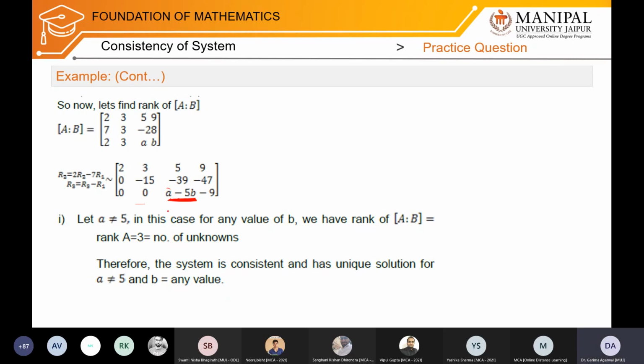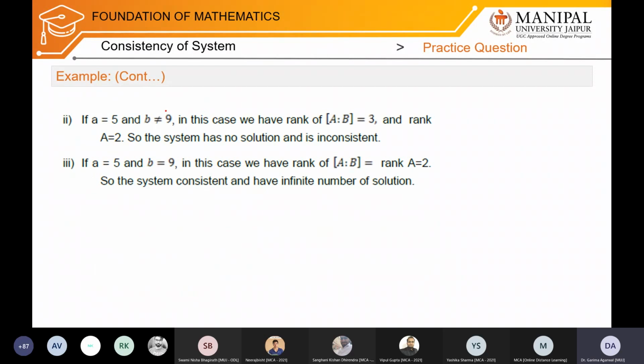Am I clear? So this term cannot be 0 if A is not equals to 5, right? So in that case the rank of A and rank of augment matrix and number of unknowns all will be 3. So the system is consistent and has unique solution if A is not equals to 5 and whatever the value of B, right?